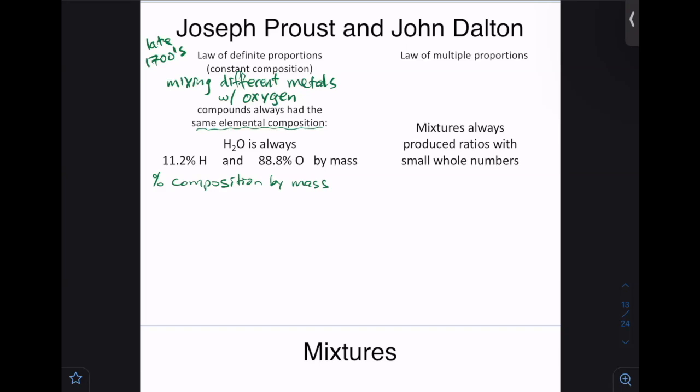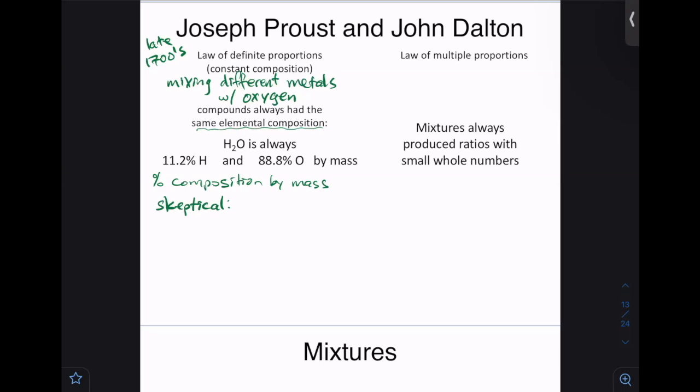But through the scientific method, there are sometimes rivals, as in your peer group, and there are also skeptics. So there were some people that were skeptical about this. Now, why would they be skeptical? Because they probably did some experiments that didn't seem to follow this law of constant composition.